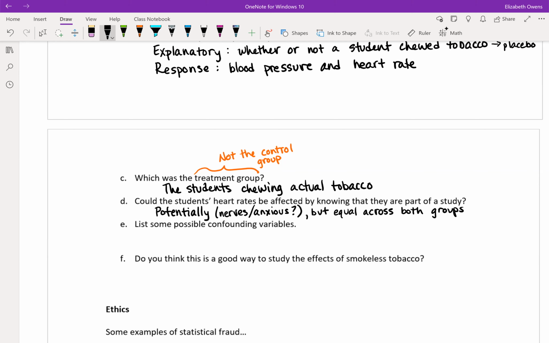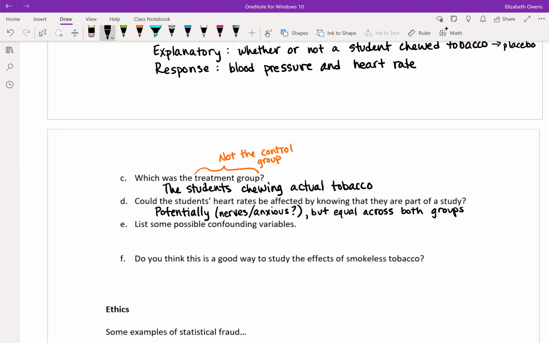There's also different ways to answer on this next one. List some possible confounding variables or lurking variables, as they can be called. This is open for different answers, because this is a study in humans. Humans are incredibly complex.